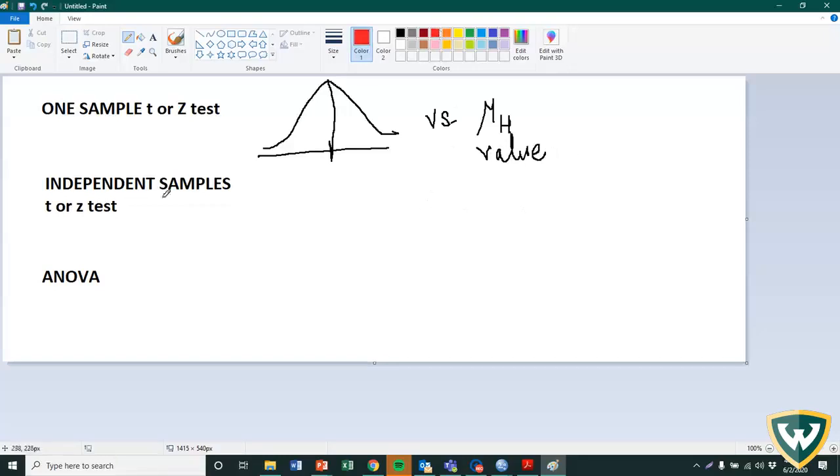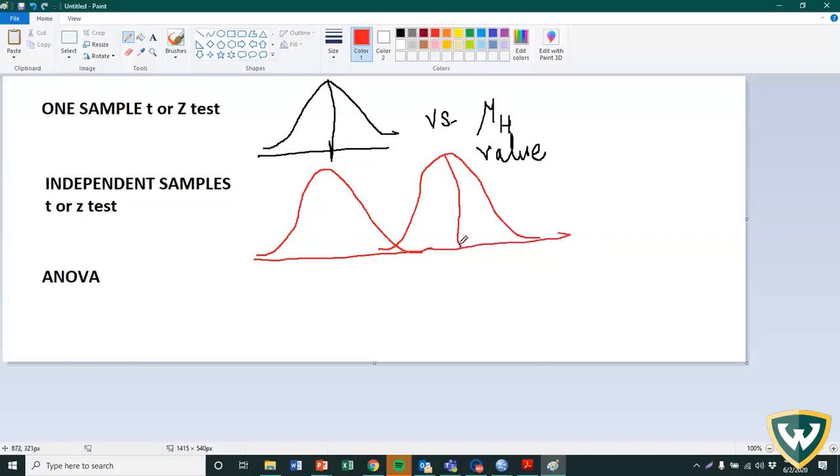And then in an independent samples T or Z test, we saw that we have two groups on which we collect data. Therefore, we have two distributions, and we compare their means in order to see if they're statistically significantly different.